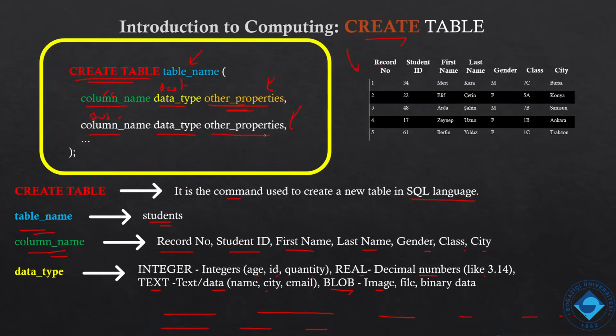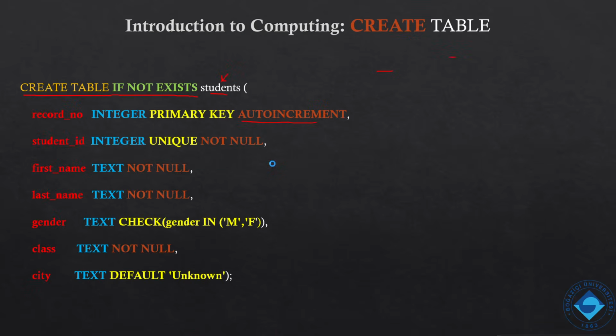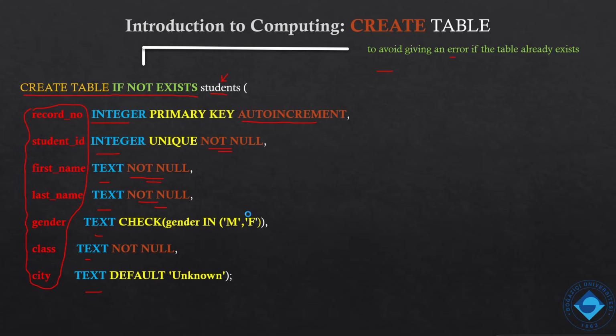If you remember one page before, can you see? Our properties, and our field column names here, and their data types, and their properties.